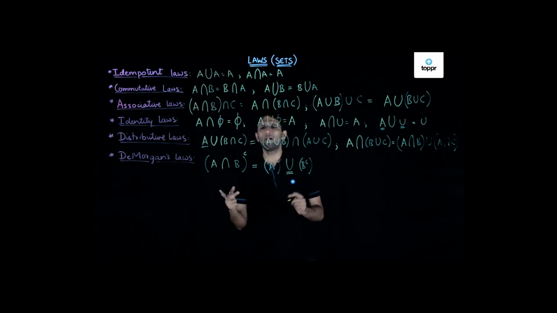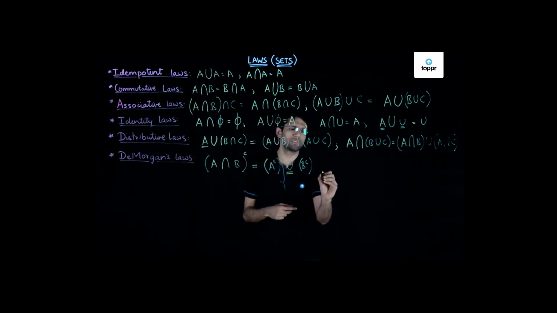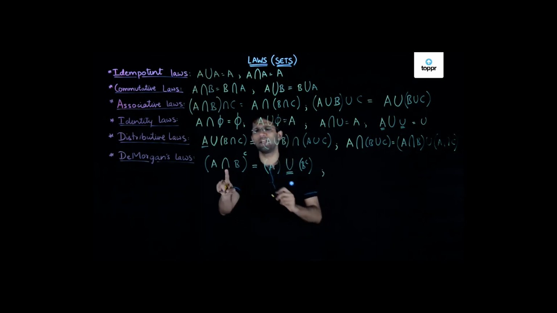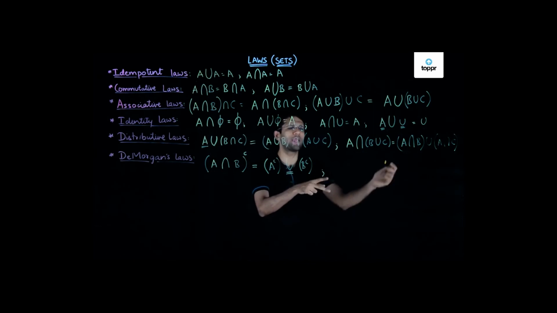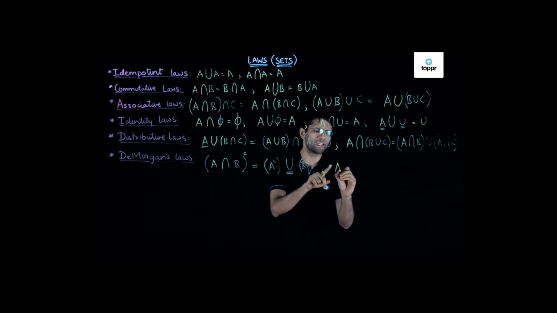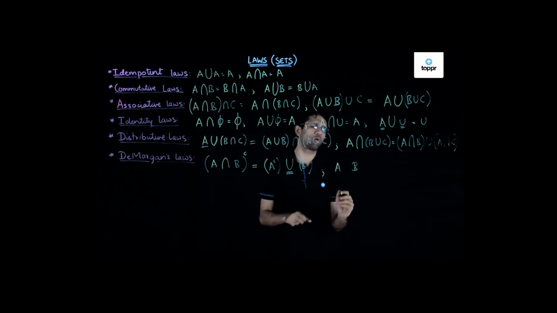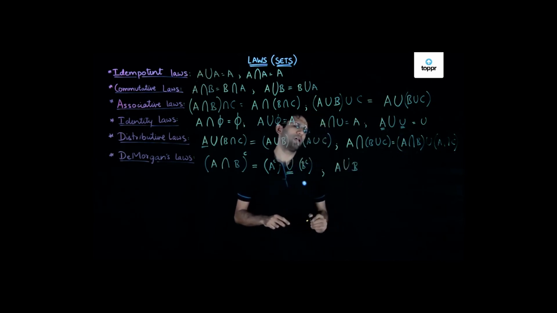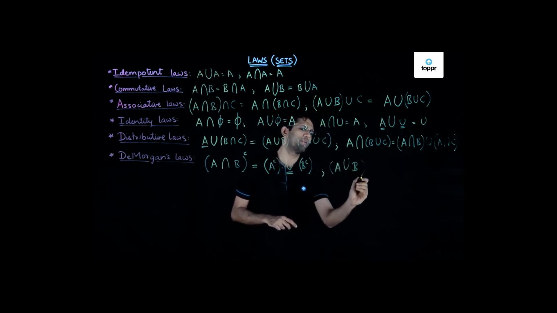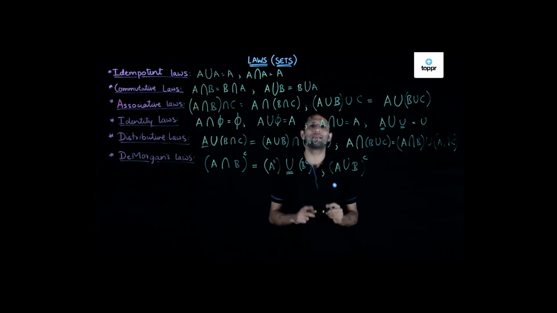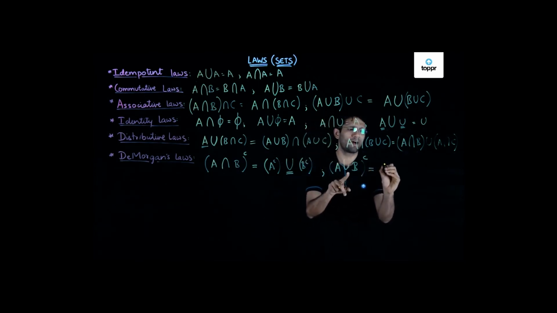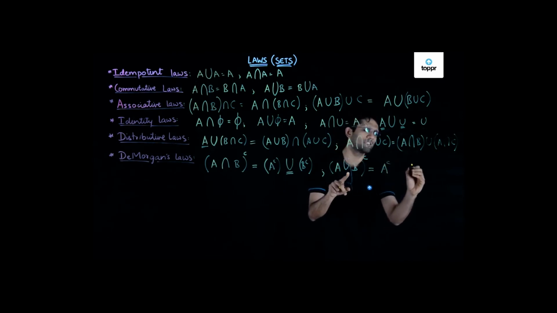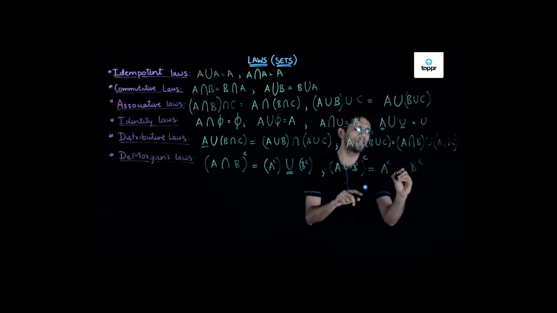So let us now look at the next statement of the De Morgan's laws. Again we will replace every intersection with a union and every union with an intersection, and so the law should be easy to guess now. Again we are talking about two sets A and B, but this time we are talking about union of two sets A and B. And suppose we perform union of sets A and B and take the complement of the resulting set, then the result obtained is exactly the same as that we obtain after performing complements of the sets A and B and then taking their intersection.